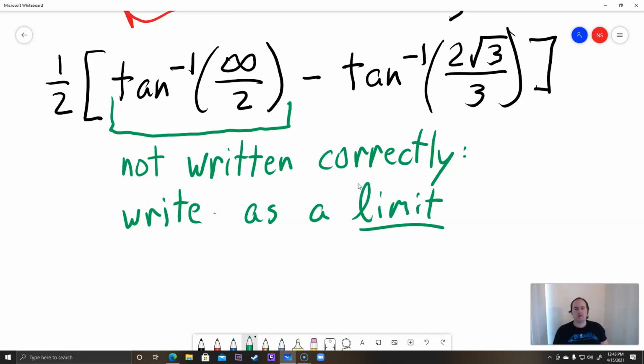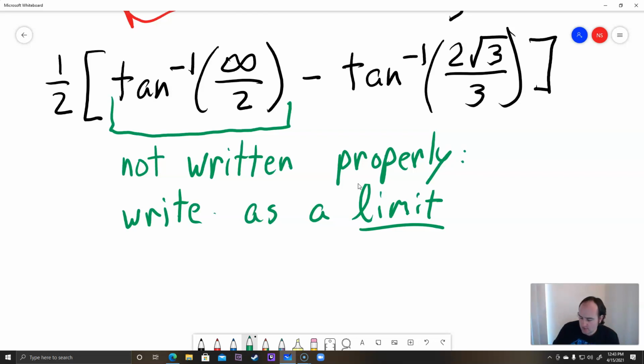And when I say it's not written correctly, another way of saying that is it's not written properly. And lo and behold, what we're doing is an improper integral, so it makes sense that it's not written properly. So this part, I'm going to put quotes around it, the tan inverse of infinity over 2, because that's not really how you're supposed to write it.